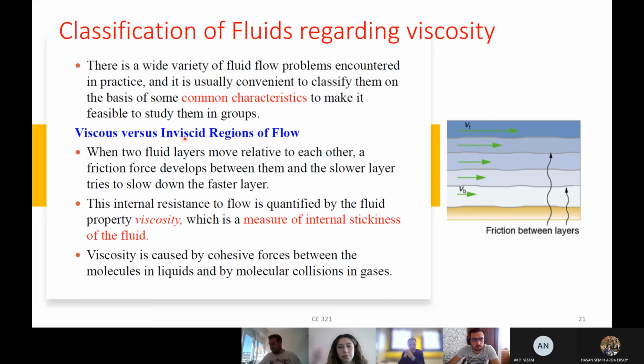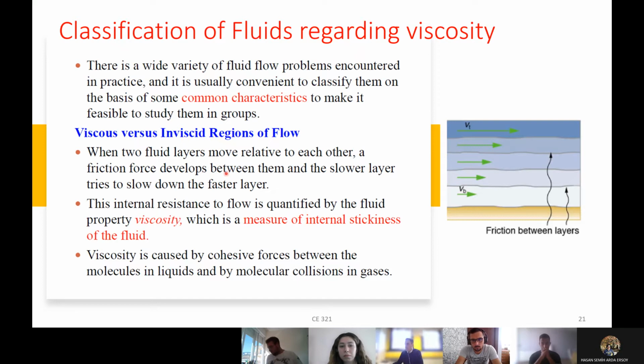Therefore, in the motion of liquids, we have two different regions: a region where the viscosity of the fluid is important, and a region where viscosity is not important and we can ignore it. That location is called the inviscid region.